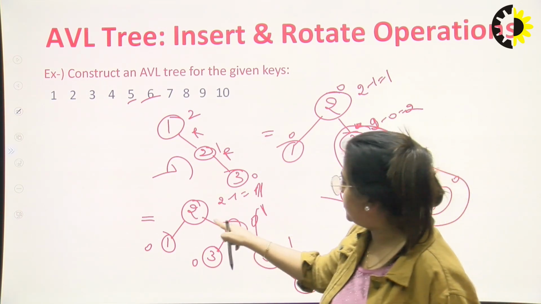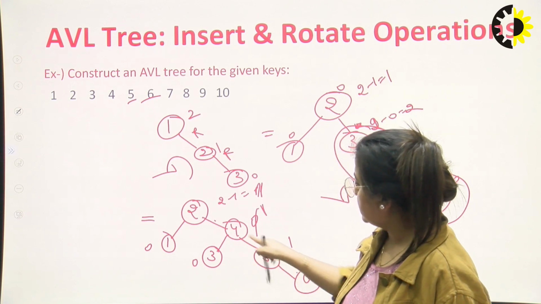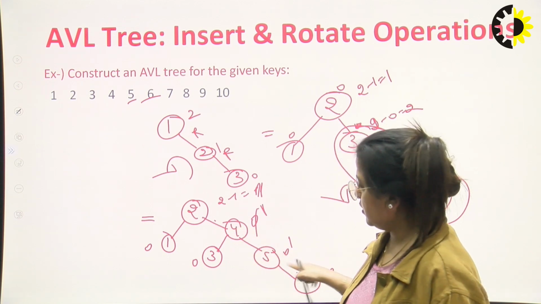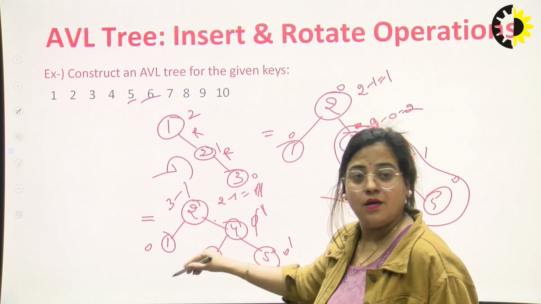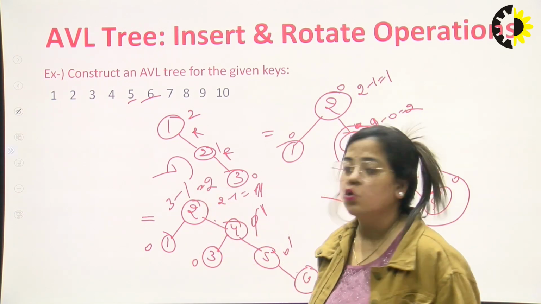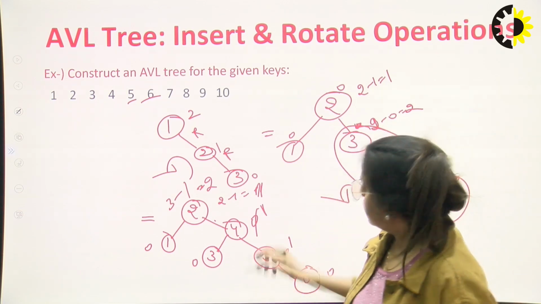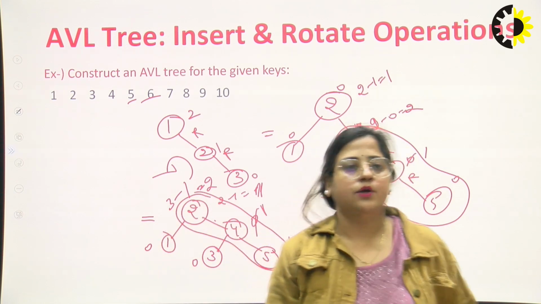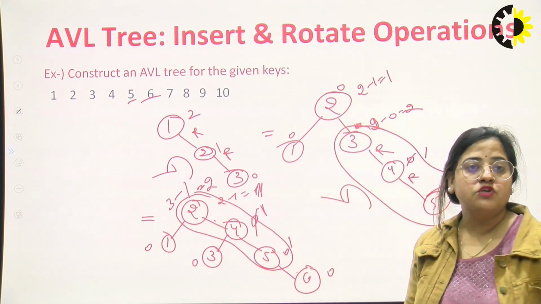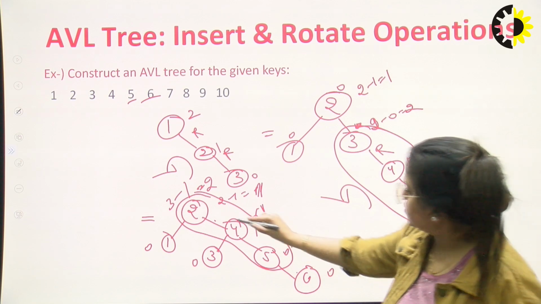But now comes to here 1, 2, 3. 3 minus 1, it is 2. So need a rotation. Where? In 3 point. Rotation is which type? RR rotation.